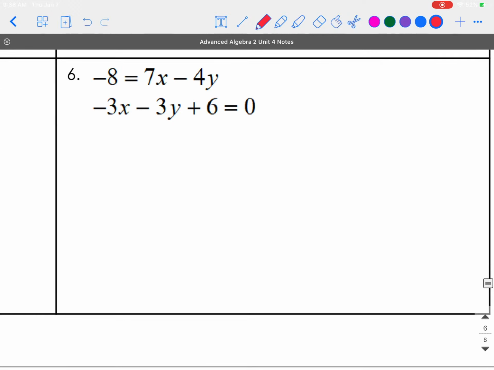Number 6, technically the x and the y are on one side, the -8's on the other, but we do need to write the x and the y first. And then on the other one, all that we have to do is move the 6 over.